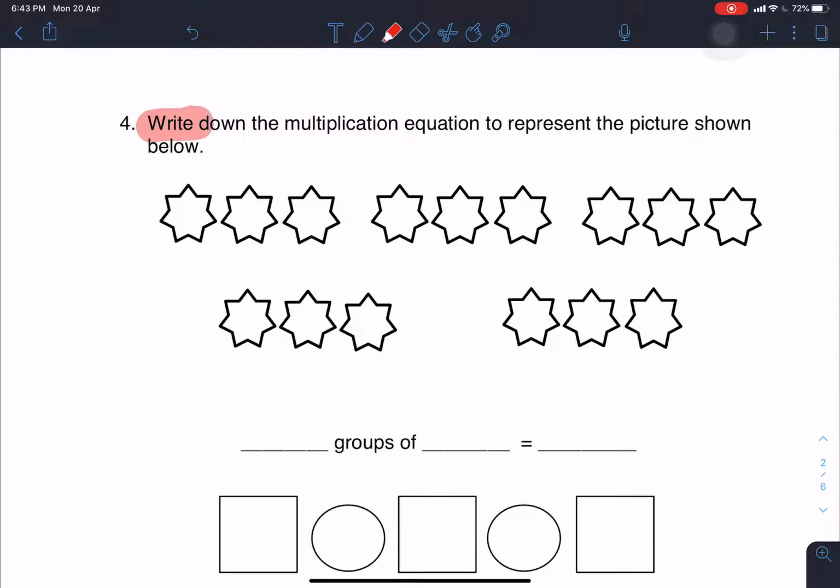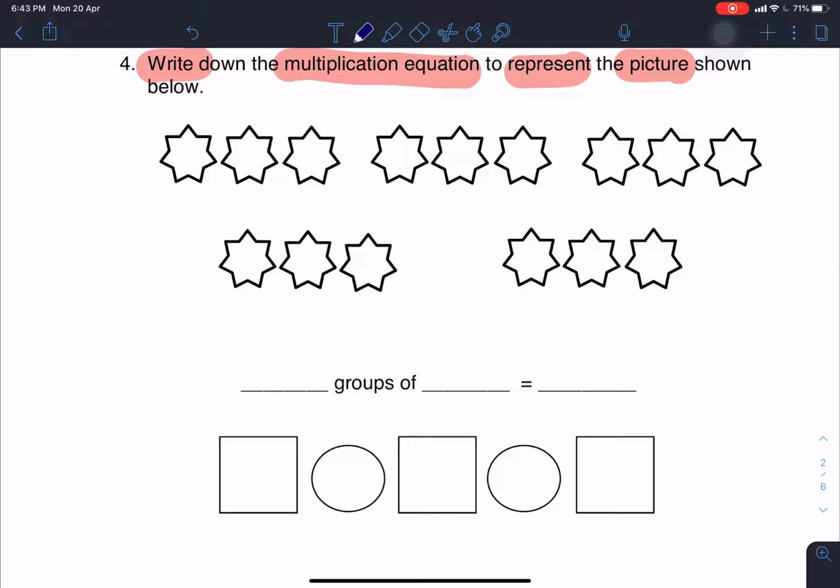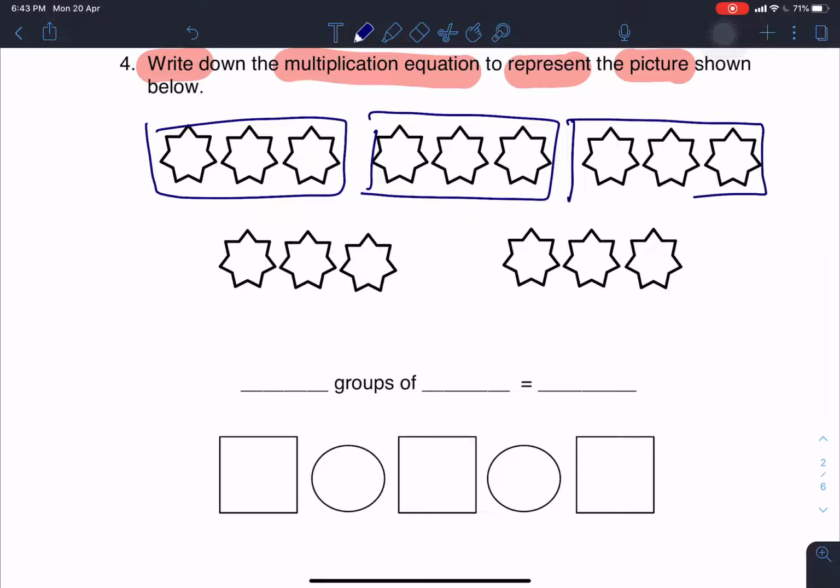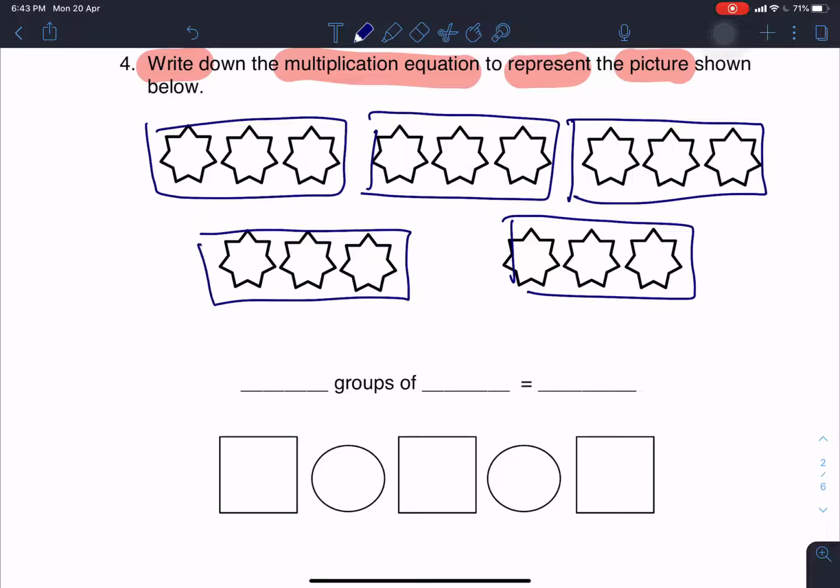Write down the multiplication equation to represent the picture shown below. This is one group, 2 groups, 3 groups, 4 groups, and 5 groups.